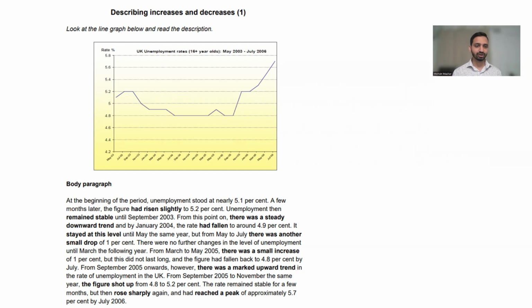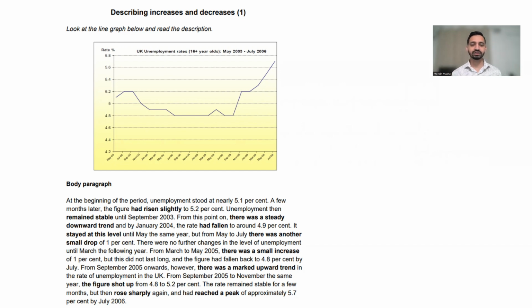So let's read out the body paragraph. At the beginning of the period, unemployment stood at 5.1%, right? So the line starts from 5.1% in May 2003. A few months later, the figure had risen slightly to 5.2%. Unemployment then remained stable until September 2003.